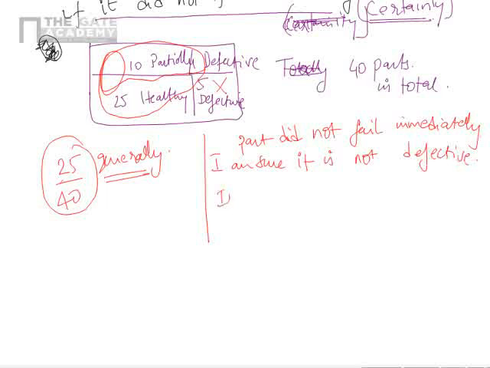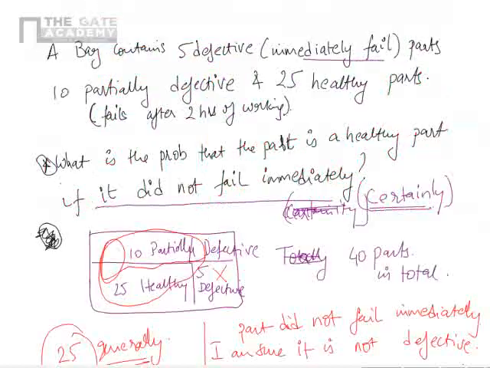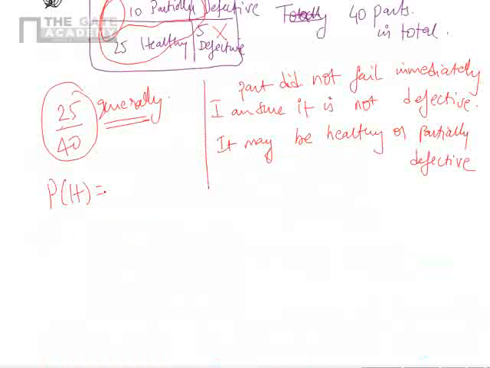It may be healthy or partially defective. Correct? If I simply ask you without this statement, what is the probability that a part is a healthy part? Probability of healthy will be number of healthy by number of total, correct? This is nothing but 25 by 40.